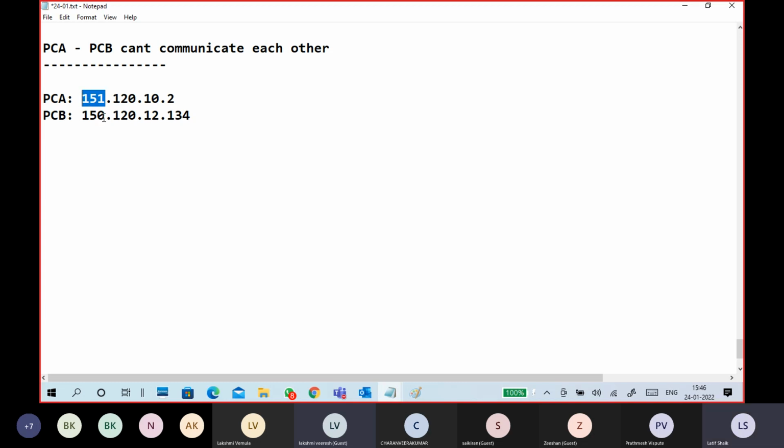The first portion 151 and the first portion 150 cannot communicate with each other, right? Same example, I'll put another one, because 151 cannot communicate, because the first octets are the same.